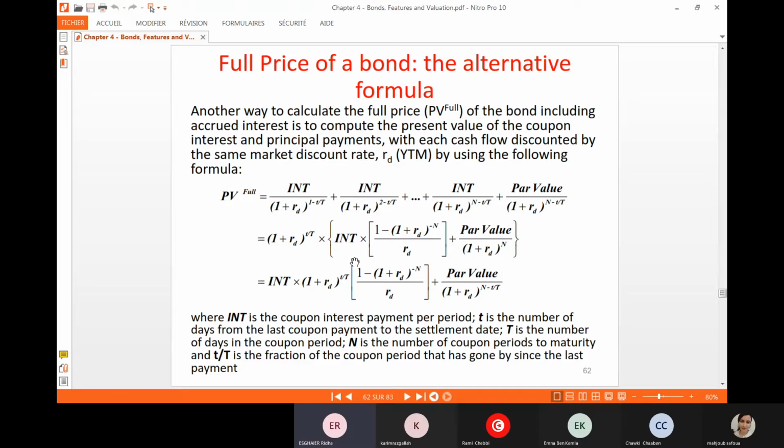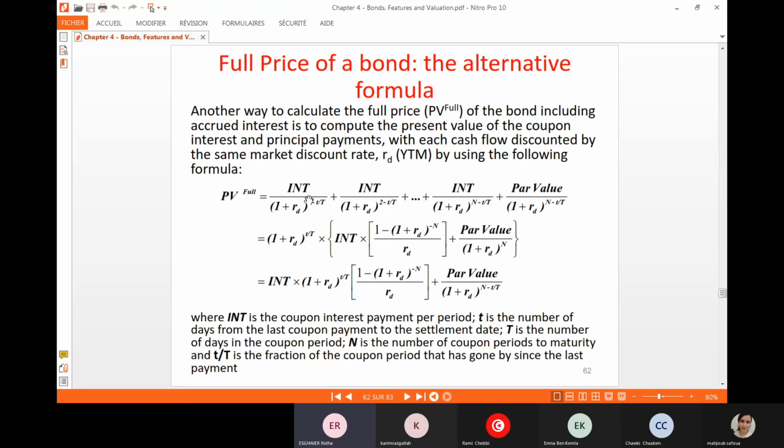Simply by computing the value of the bond using the traditional formula here, discounted interest and discounted par value, using RD and the total number of interest payments remaining until maturity, you take this formula, this is step 1, and you multiply it by 1 plus RD power t over capital T.